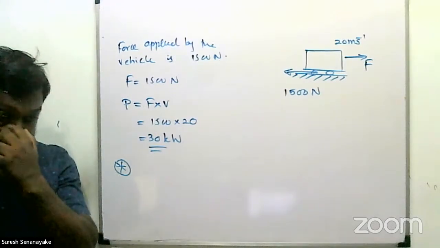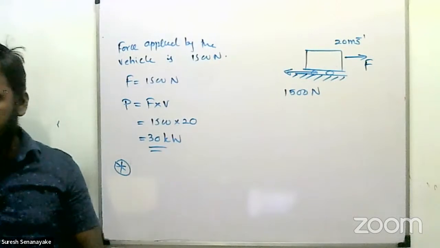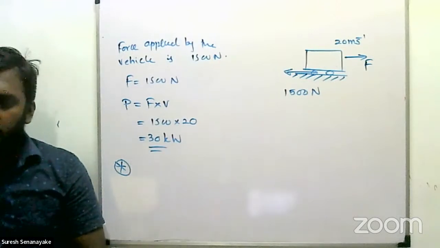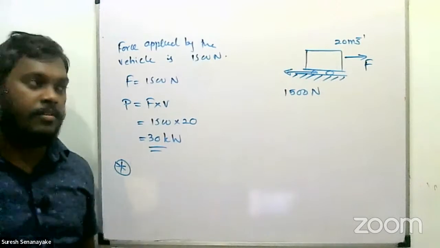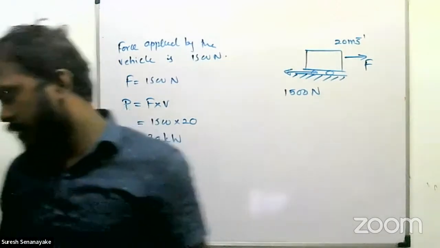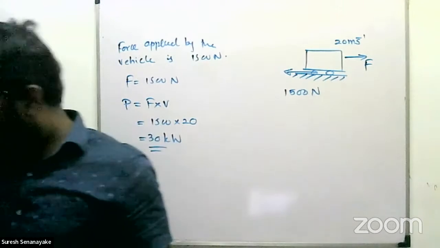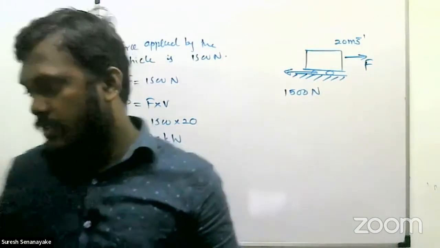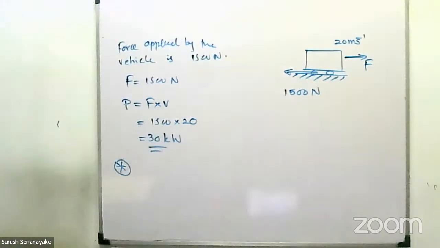A vehicle is accelerating with an acceleration of 2 meters per second squared on a horizontal floor.